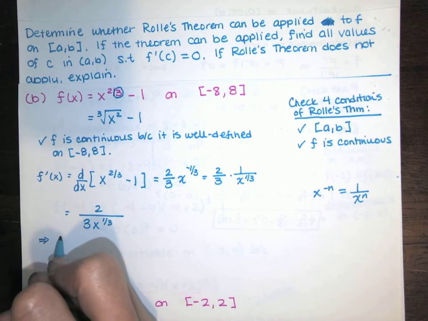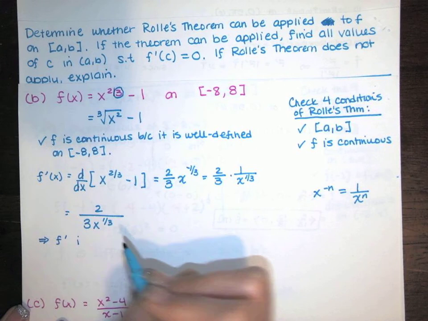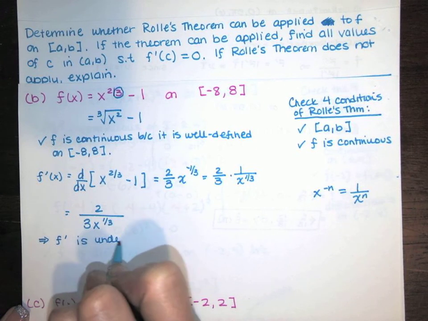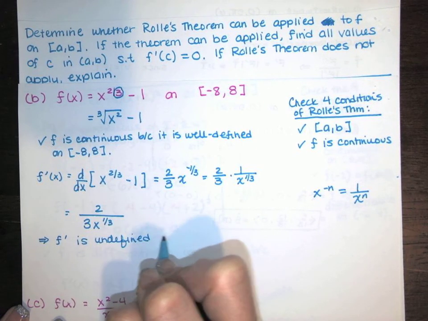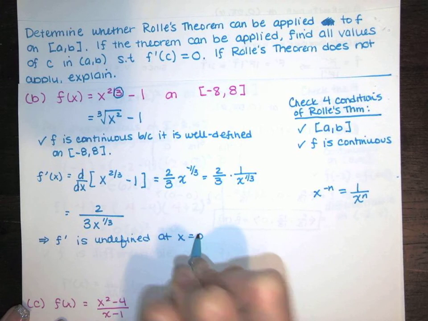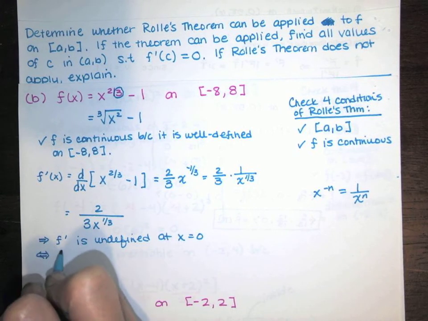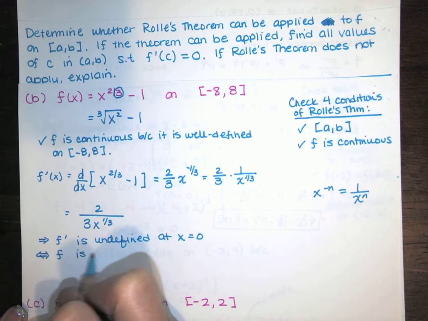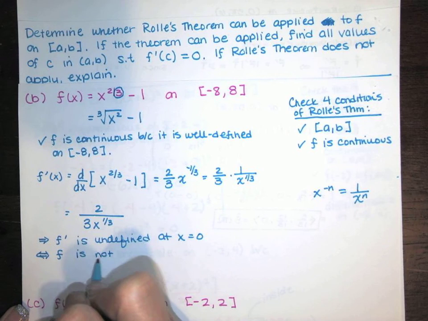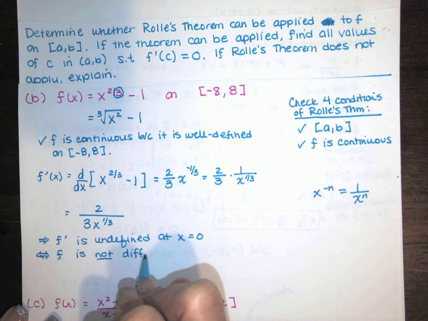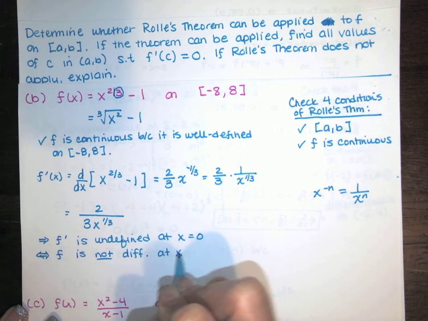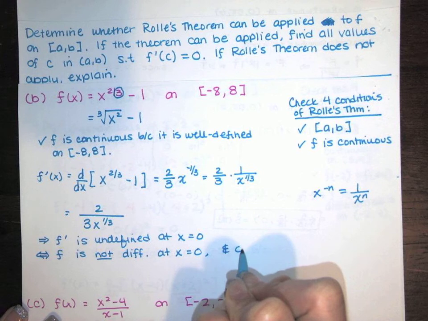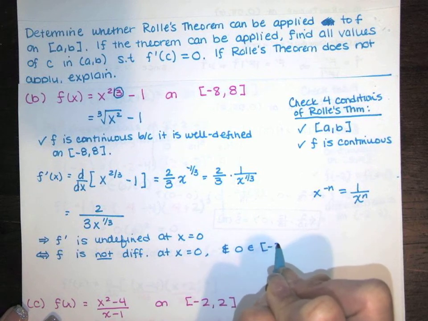So let's say that first. F prime is undefined at x equals 0. And if f prime is undefined, what does that mean? It means the original function f is not differentiable at x equals 0, and x equals 0 is in the interval from -8 to 8.